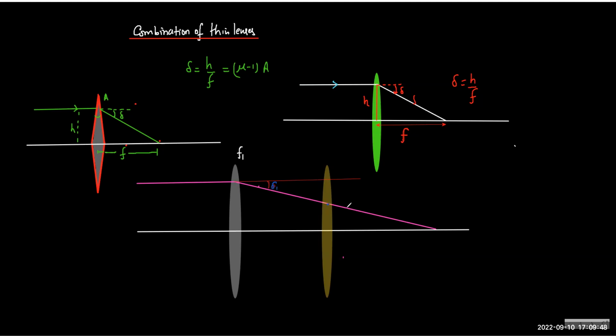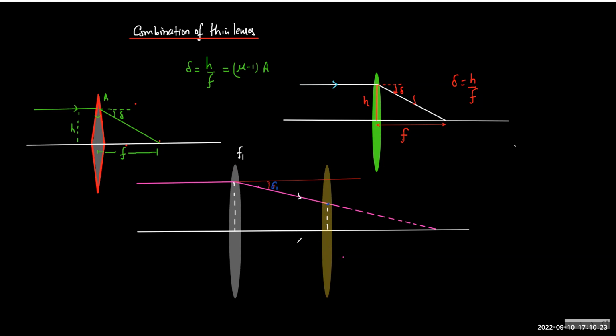But the moment it passes through the second lens, because I'm intercepting the path of the light ray before it reaches the principal axis, it will carry forward another deviation, but because it is hitting at a different height, the amount of deviation will change. And that is logical because if you pass through the optical center, there is no deviation.